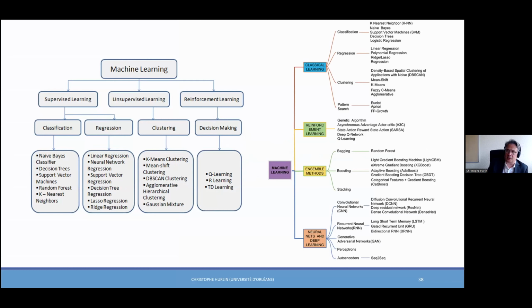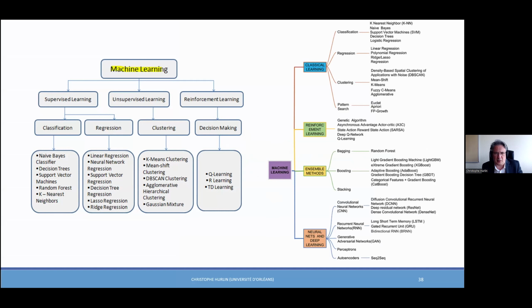So let me first give you an overview of the types of algorithms generally used in machine learning, not in economics and finance, but in machine learning in general. I used two different presentations. On the right, this presentation comes from scikit-learn, and on the left from another source.